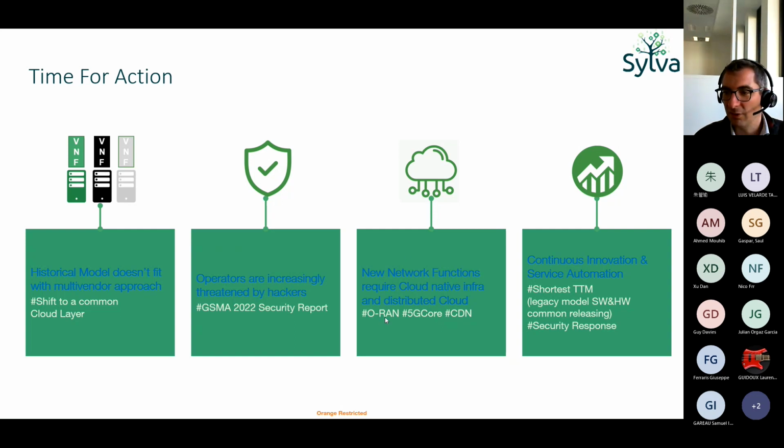So we need, on the infrastructure layer, a way to host those containers. So we need Kubernetes to host, for example, the ORAN CNF, the 5G core, and the CDN, which are now usually delivered as containers. And last, if we want full automation to shorten the time to market, or to have slicing features, we need a fully automated stack, including the cloud part. Okay, so this is why we need to develop this initiative.